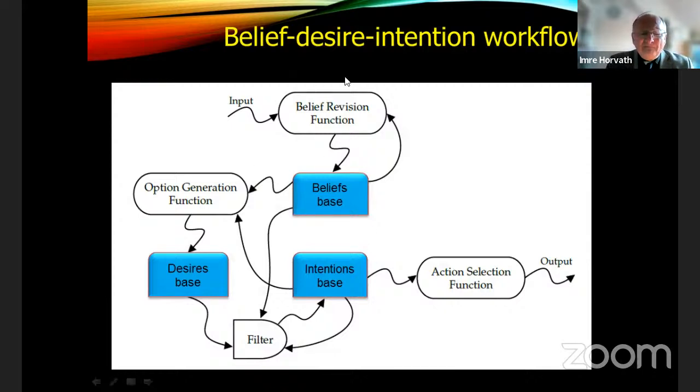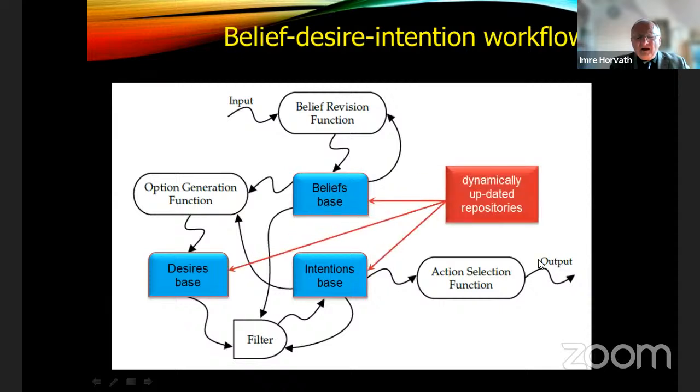So we have the input, we have the belief revision function, we have a storage place for the beliefs, we have a storage space for the desires, which are explicitly formulated and coded. We have intentions also in a base.